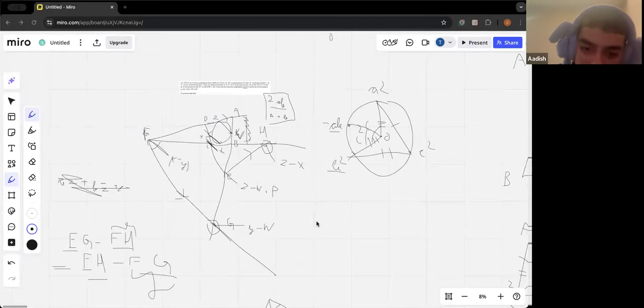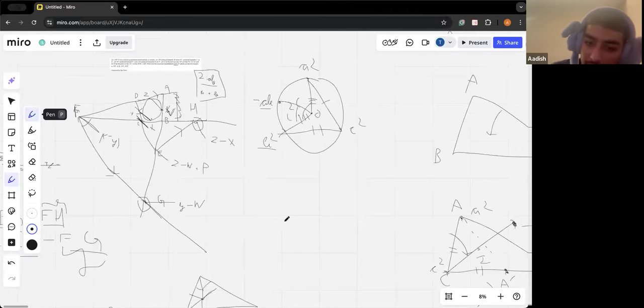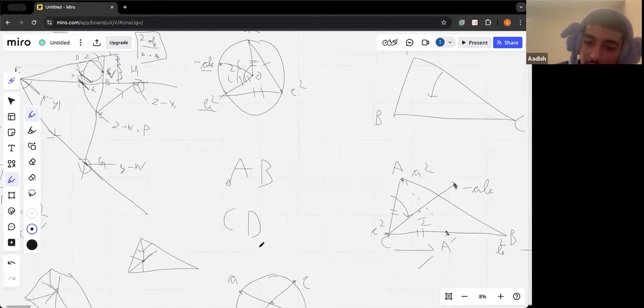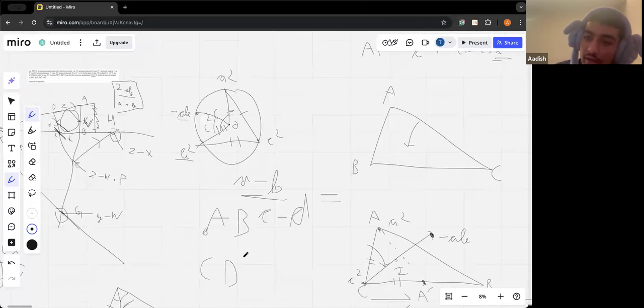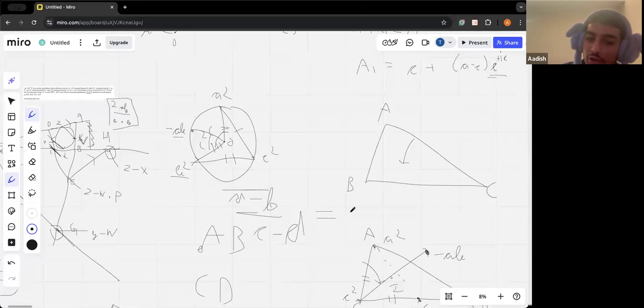If you want to say AB is parallel to CD, you set the ratio A minus B by C minus D to be a real number. So you set it equal to its own conjugate. That's how you say something is a real number. And if you want perpendicular, then their ratio is imaginary, so you set the conjugate equal to the negative of itself.